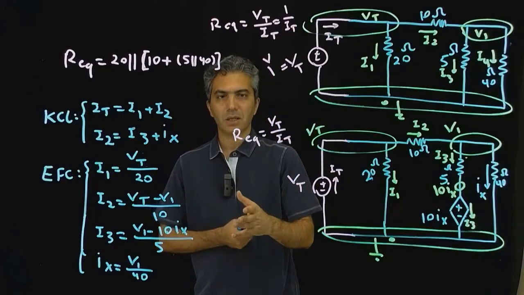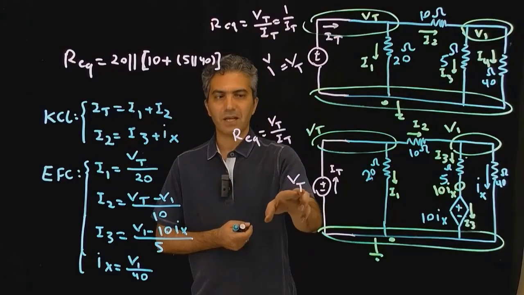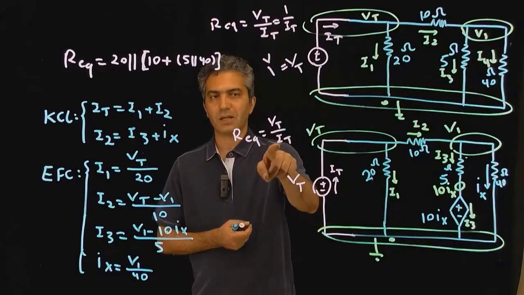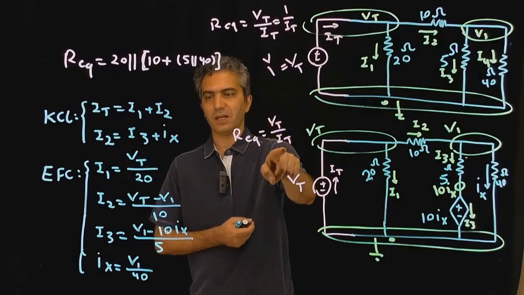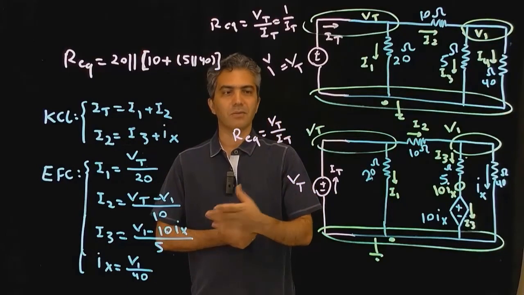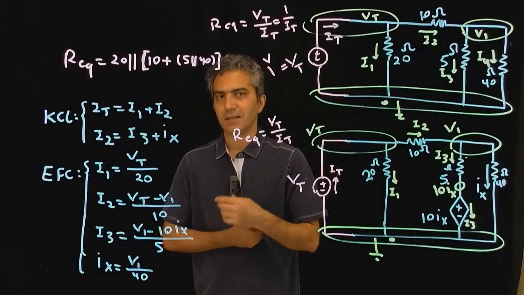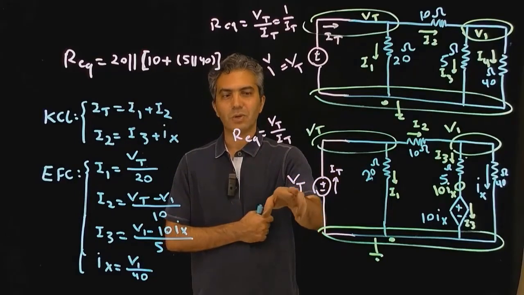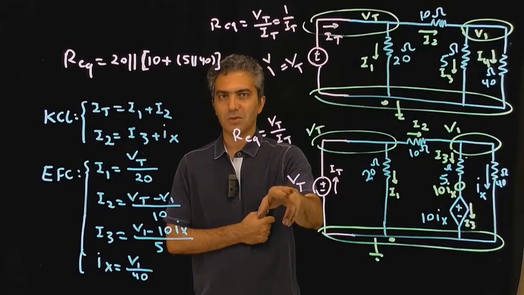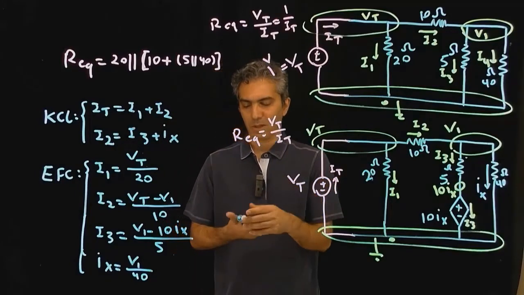But keep in mind that I actually don't want to calculate the values for Vt and It. I want to calculate the value for Vt divided by It. And therefore, you can't count Vt and It as unknowns. You can actually assume that one is known, in other words, these are parameters.